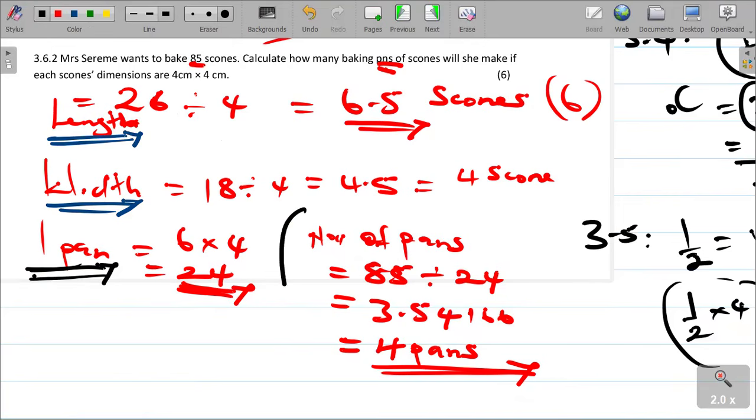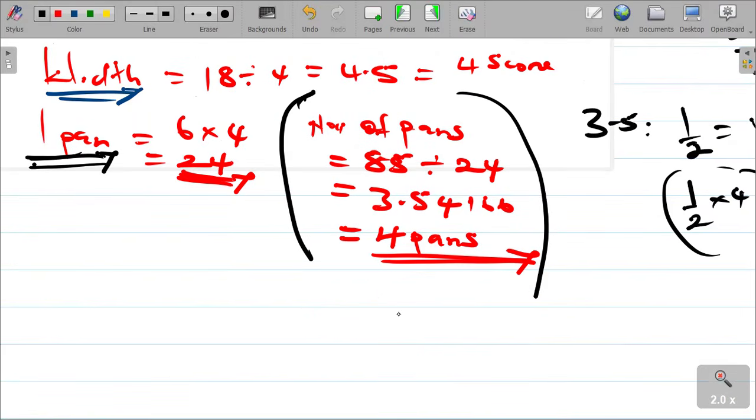So the number of pans that can come out of 85 scones is 85 divided by 24, which gives us 4 pans, as we have seen there. And then we can work the next question.